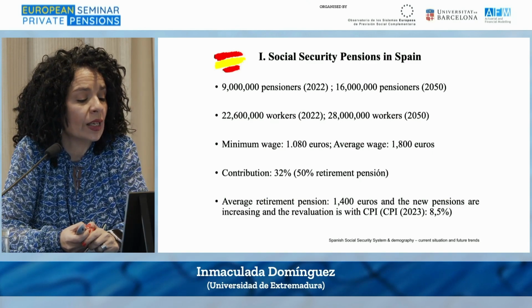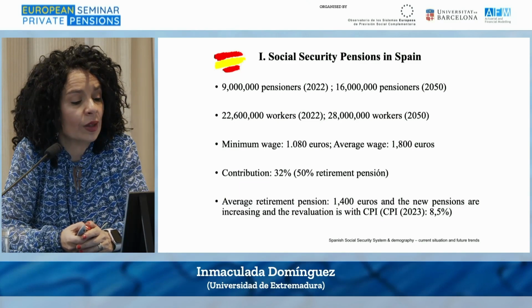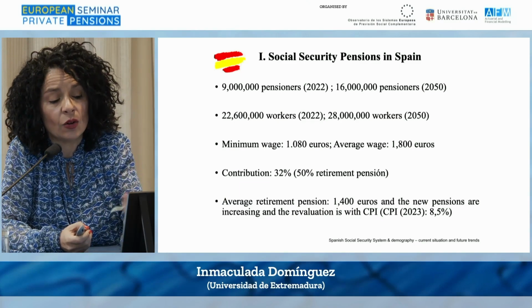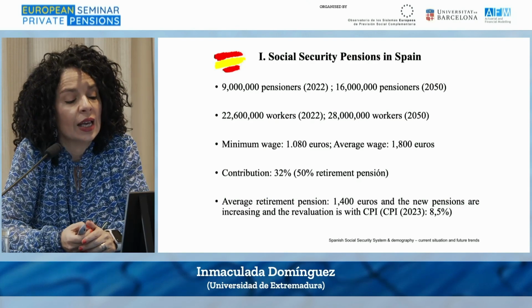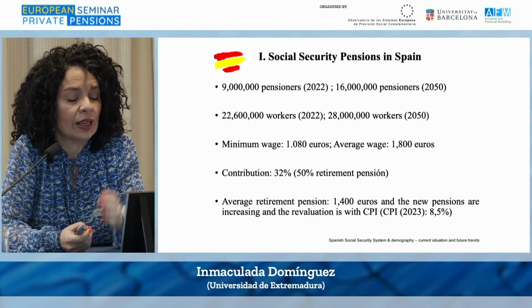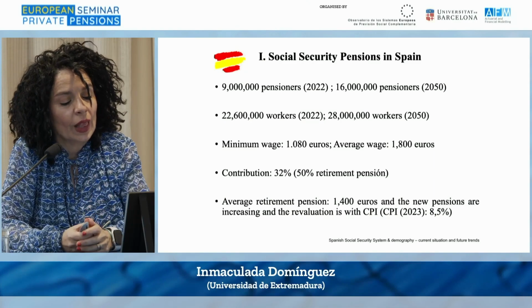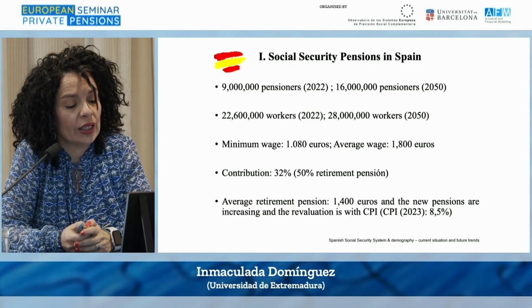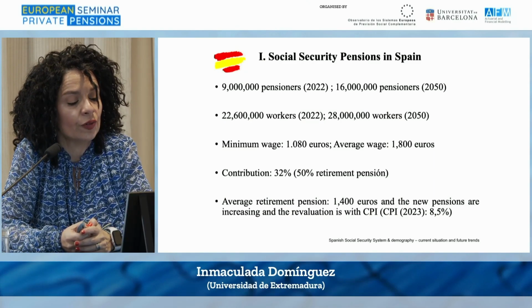The minimum wage is around 1,000 euros, and the average wage is around 1,800 euros. And it's important to take into account the contribution to the system.